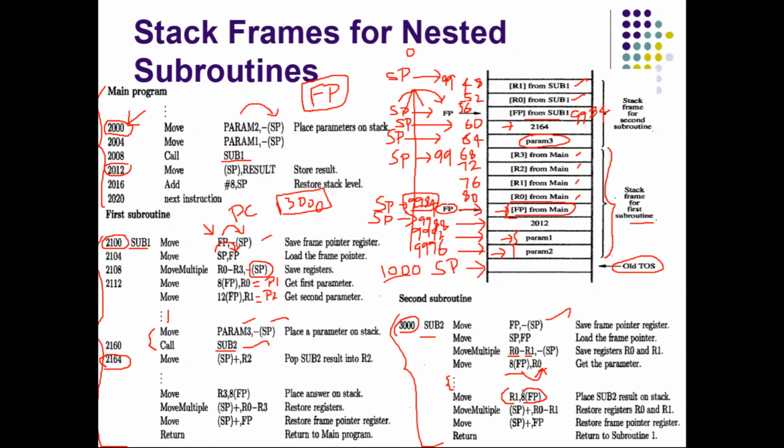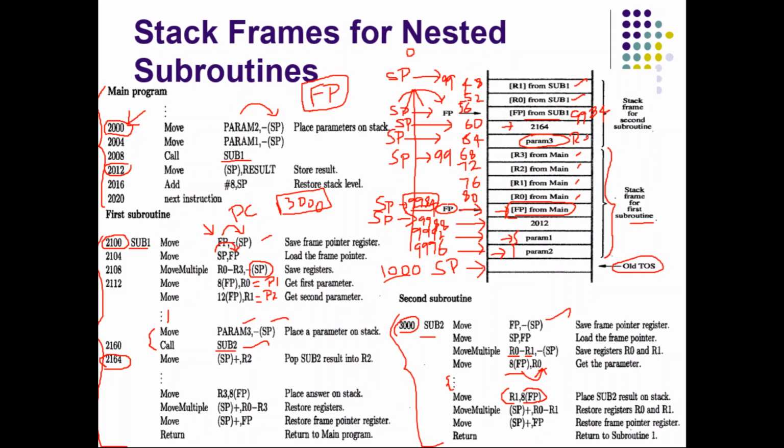That we are placing in which location? 8 of FP. What is FP? 9956. 8 of FP is 9956 plus 8, which is 9964, wherever the parameter was stored. We don't want this content now, because you already used the parameter and the result is calculated. So the result from subroutine 2 is stored here.